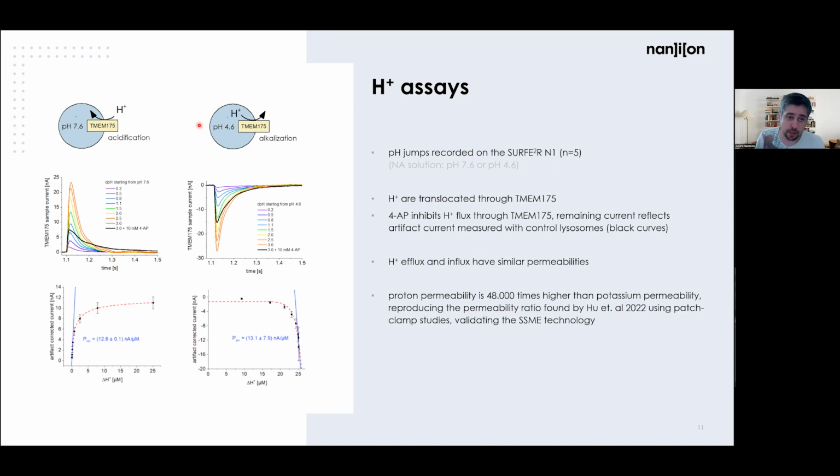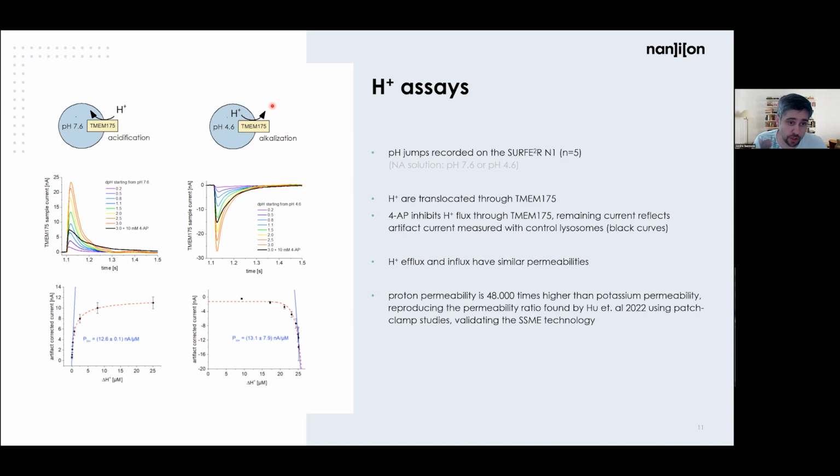We did the same thing with efflux. So we have as initial conditions the pH equilibrated to 4.6, so very acidic, actually resembling natural lysosomal pH. And then we provided more alkaline pH values from the external side and measured proton efflux.